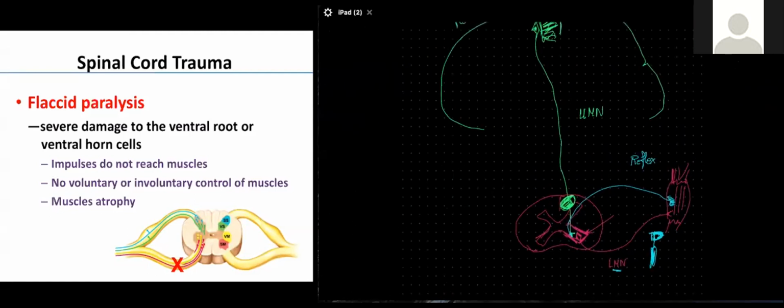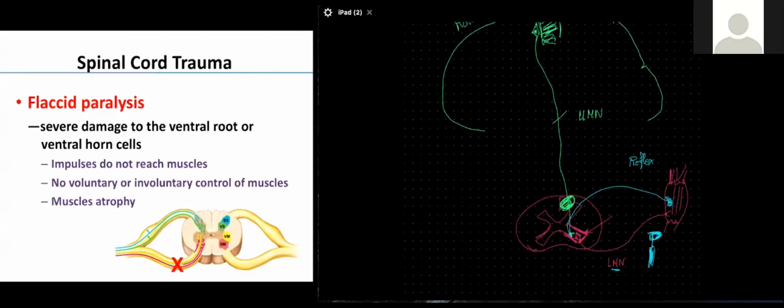So this upper motor neuron, if a person got a stroke, I blocked the blood supply going to the cerebral cortex, so the nerve cells that get affected are going to be my upper motor neurons. In an upper motor neuron lesion, I'm not only going to be losing the excitatory signals coming down from the brain, I will also lose the inhibition coming down from the brain.